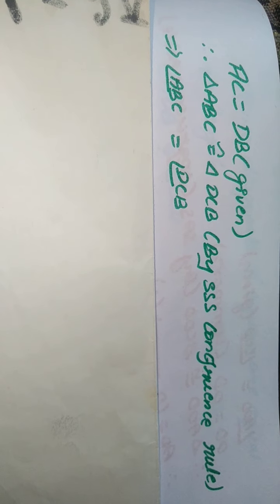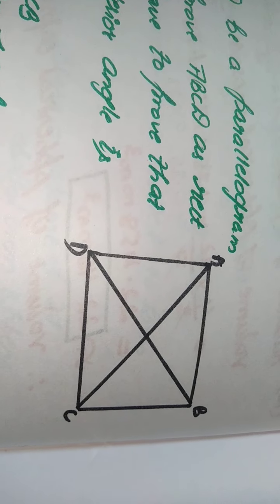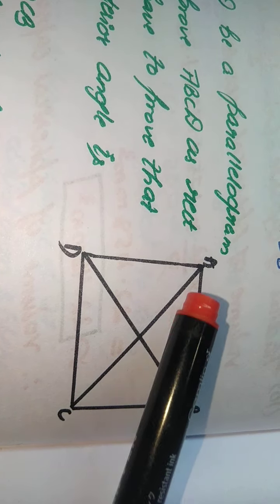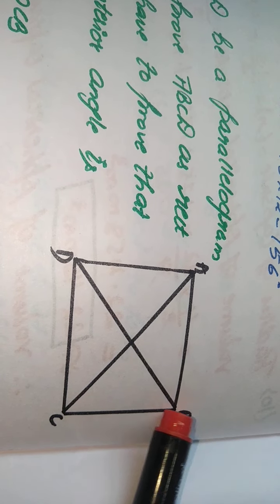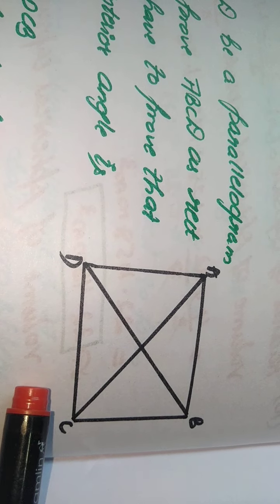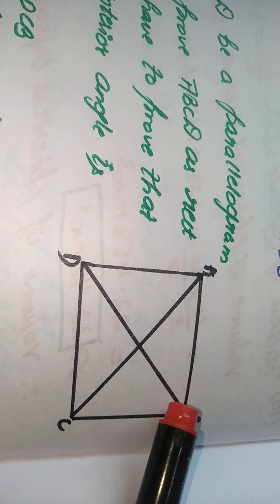Now, what is the next step? As these two angles are on the same side of a transversal, if AB is parallel to CD, I will take BC as a transversal. Then angle B plus angle C should be equal to 180 degrees. I know these two angles are equal.